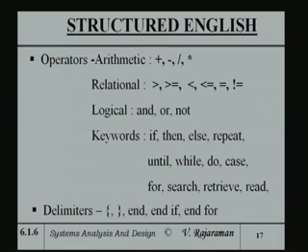There are arithmetic operators like plus for add, minus for subtract, slash for divide, and star for multiply, and relational operators, the usual: greater than, less than, equal to, less than or equal to, not equal to, and logical connectives: and, or, and not.